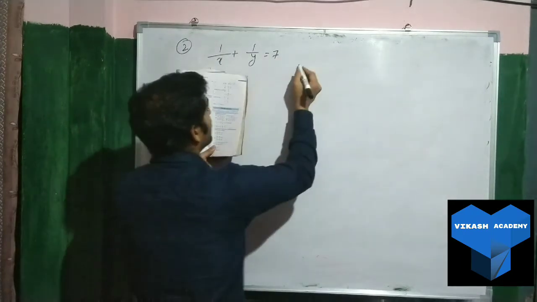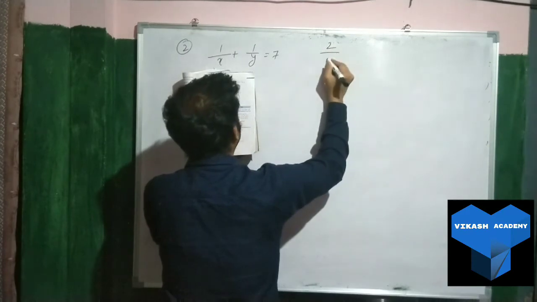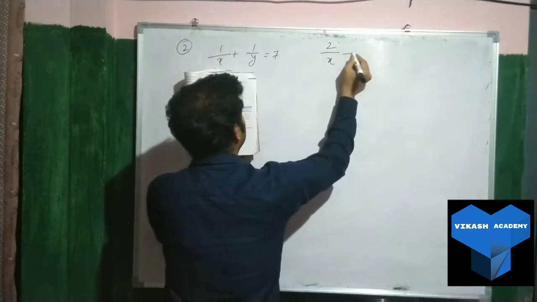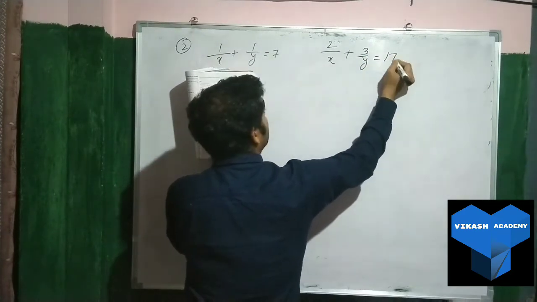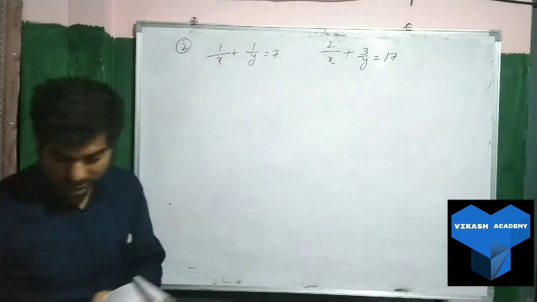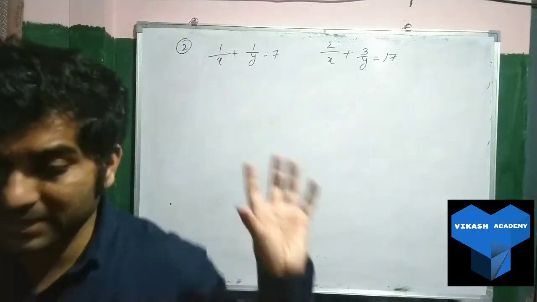Then we have here one more equation that is 2 by x plus 3 by y is equal to 17. How to simplify this one? We are not going to do anything, just the simplification here.